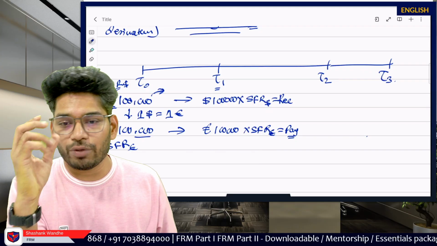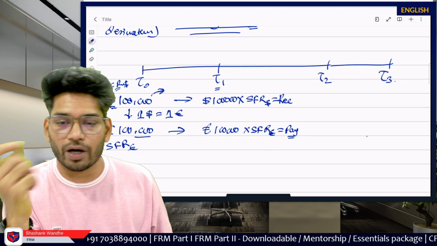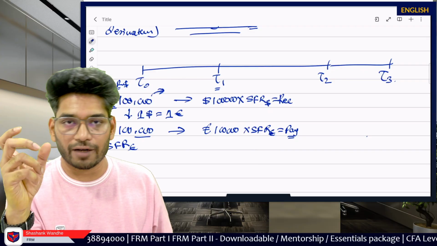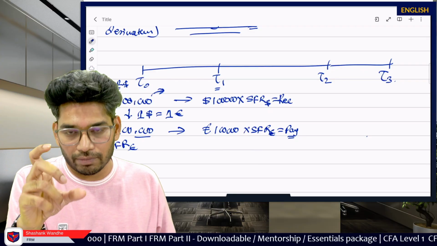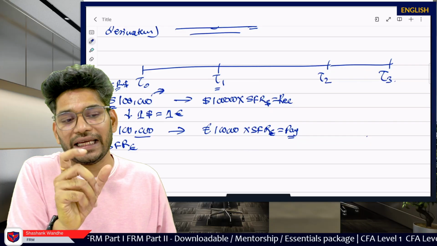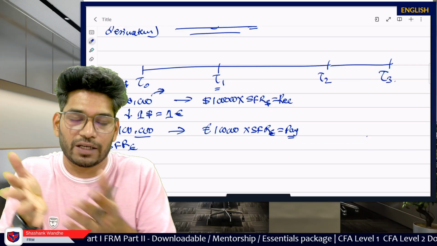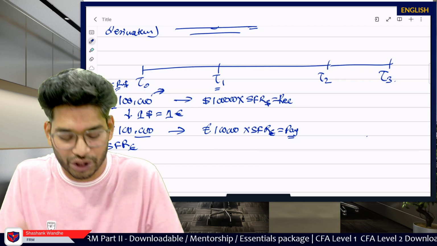But in the exam, you may get a question from the dollar side or the euro side. It doesn't matter for us. Whatever the question, you have to simply get both the currencies in the same currency as the question.